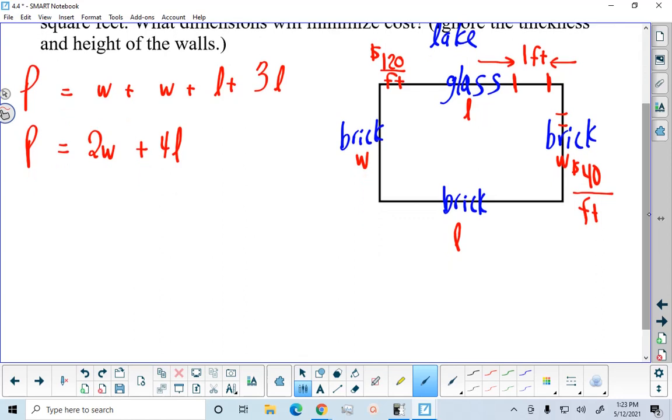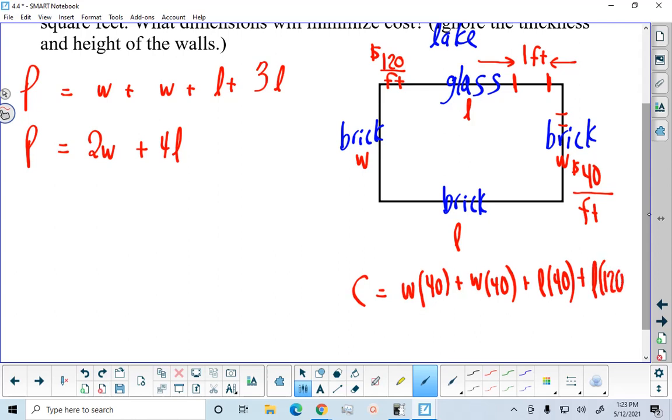So what would your equation for cost be? Well, your equation for cost would be W times 40 plus W times 40 plus L for the brick times 40 plus L for the glass times 120.